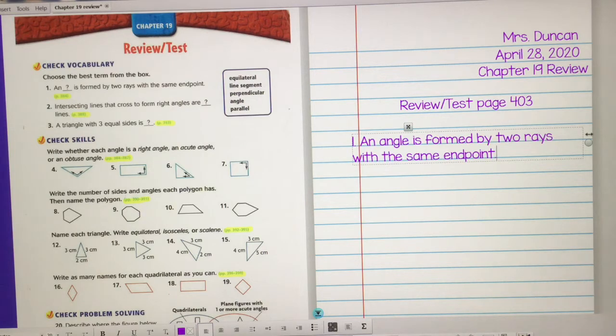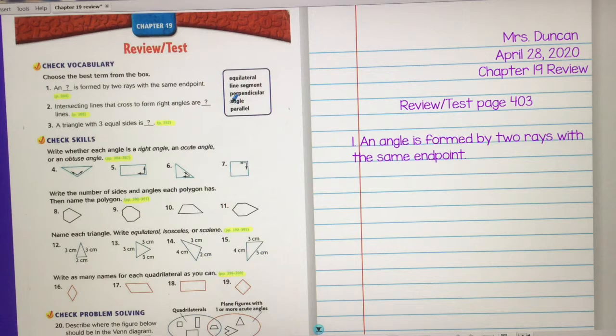Perfect. Okay, now number 2, intersecting lines that cross to form right angles are. I'm going to go back up here and cross off angle because I already used it. This is to go to page 388. Right now I'm thinking parallel or perpendicular.